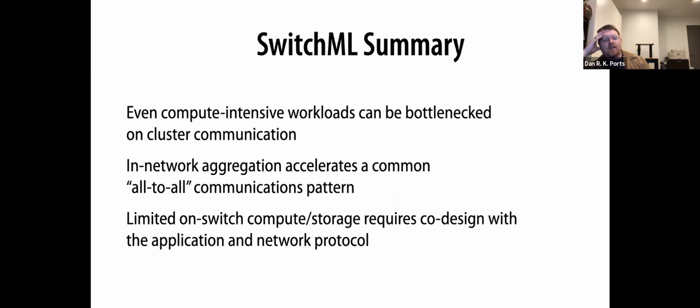The switch data plane we're talking about here can process on the order of 1 billion packets per second. We haven't built a CPU-based system that can do that, certainly not without a lot of complexity.